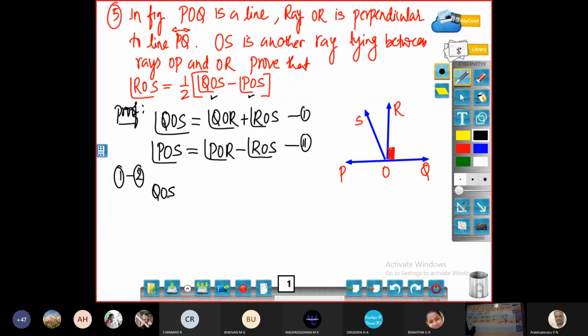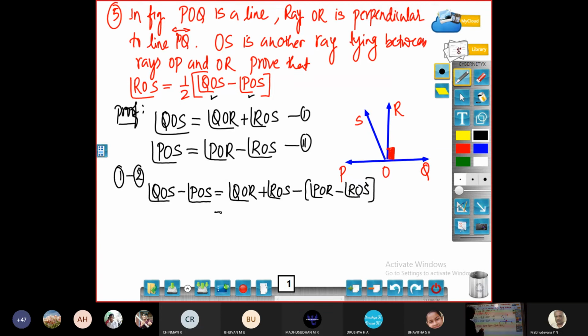If you do angle QOS minus angle POS, it is equal to the first equation QOR plus ROS, minus this angle POR minus ROS.